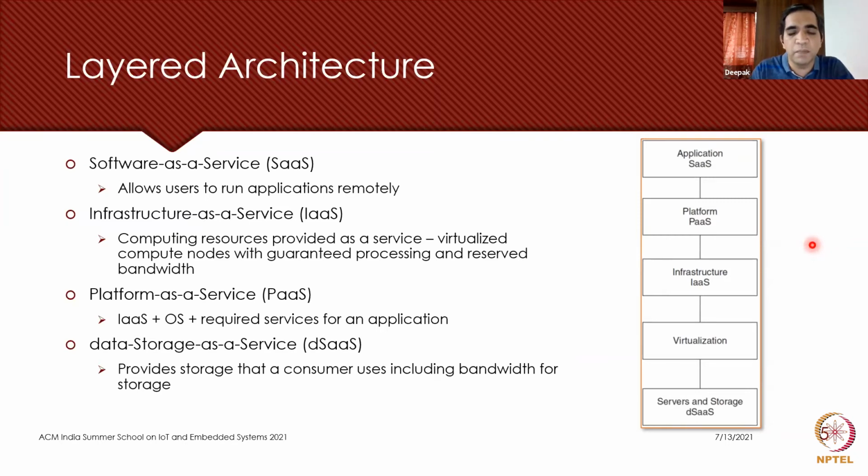Based on what kind of services you are requiring, cloud computing has a layered architecture, and you can find different kinds of services provided by different layers in this architecture. There are primarily three layers to it, but you can also have some extra layers that we look at.